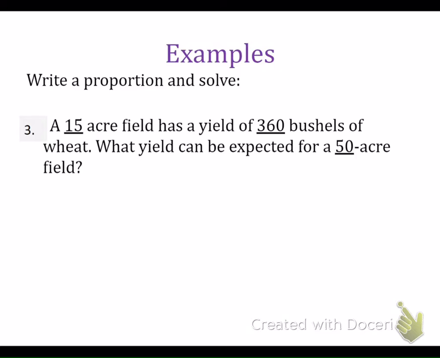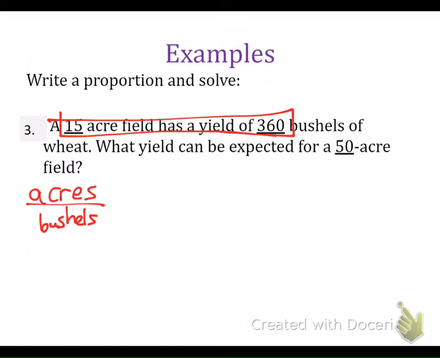Alright, so a 15-acre field has a yield of 360 bushels of wheat. What yield can you expect for a 50-acre field? So let's do acres over bushels. Okay, so our first one said 15 acres for 360 bushels. So we're going to put the 15 on top, over 360. Then it asked us what yield can be expected for 50-acre fields. So since 50 is the acres, that's going to go on top.